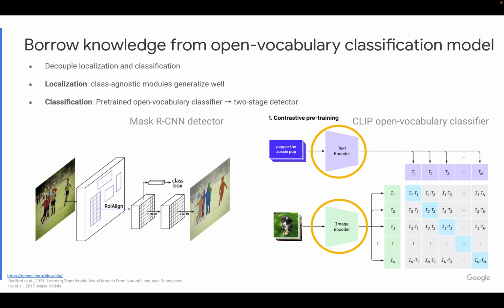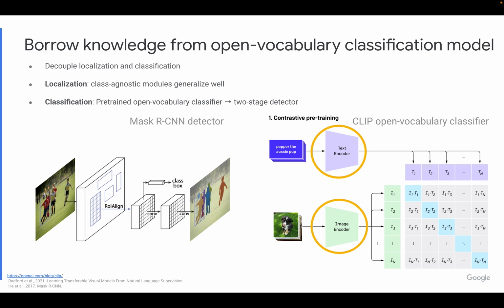Given the great success in open vocabulary classification, we propose to borrow the knowledge from open vocabulary classification models for open vocabulary detection. And we decouple the detection problem into the localization problem and classification problem. For localization, we found class-agnostic modules generalize well to novel categories after training on enough number of categories.